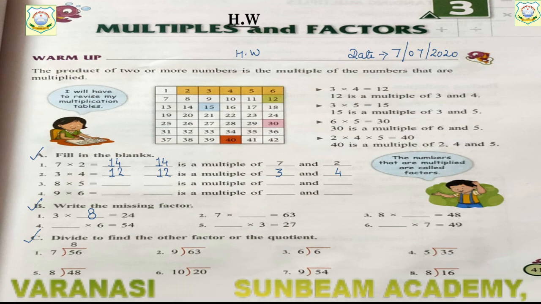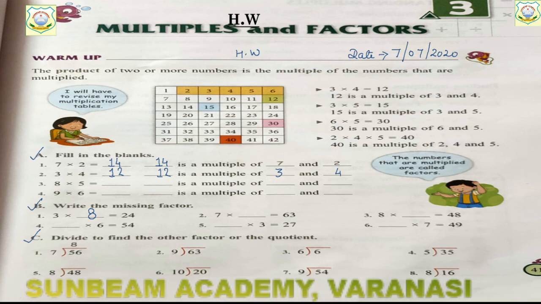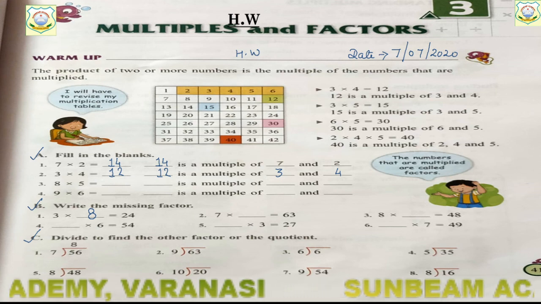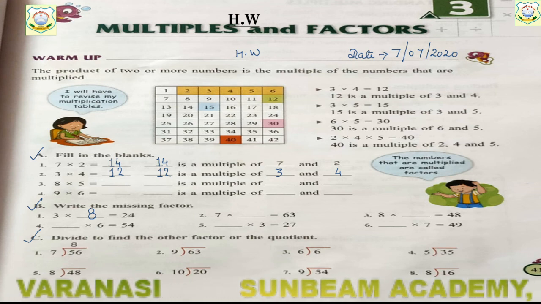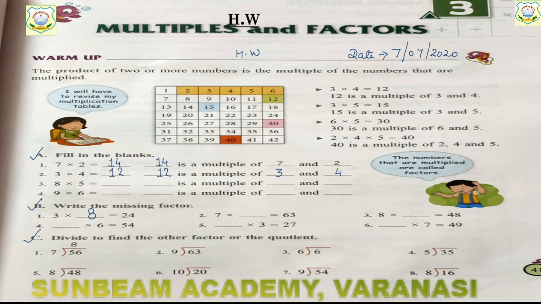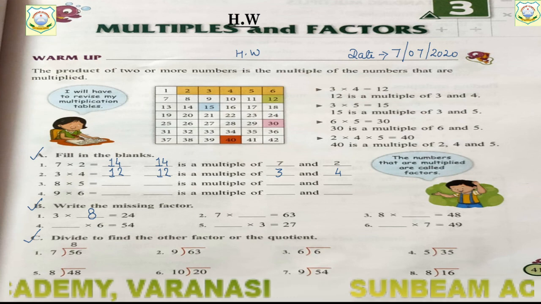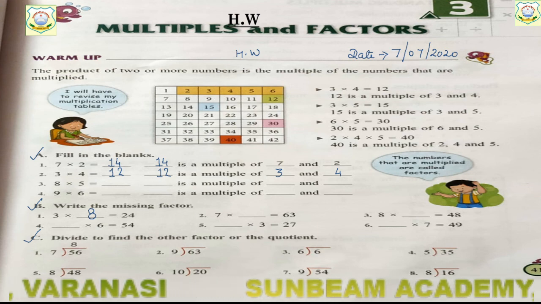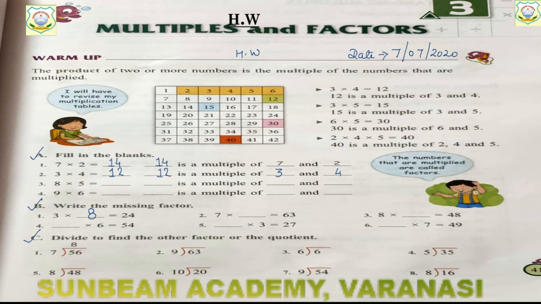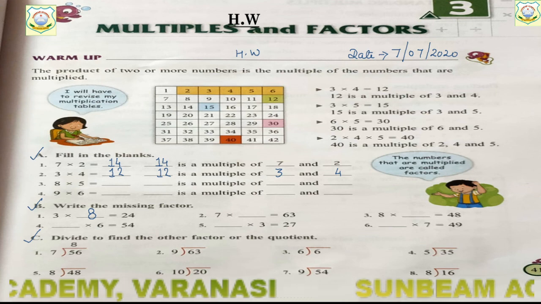And in question number C, see what you have to do. Divide to find the other factor or the quotient. You simply have to divide here. So now how to do that? Here the number 7 is written as a question, and 56 is the number that we have to divide, and here it is written 8. The first one is already done for you, right?